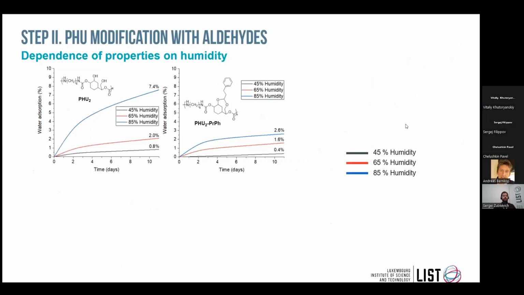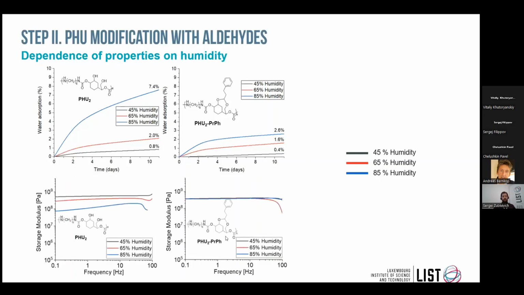And even more, if we take a more rigid polymer, PHU2 derived from cycloaliphatic dicarbonate, we can also see a significant decrease in moisture uptake after modification. But moreover, we see almost ideal retainment of the mechanical properties over the whole range of humidities. That comes from combining the modification and a polymer with higher Tg and higher rigidity.